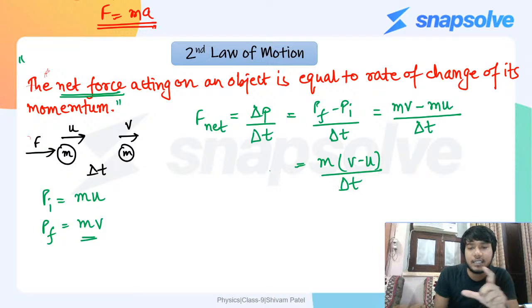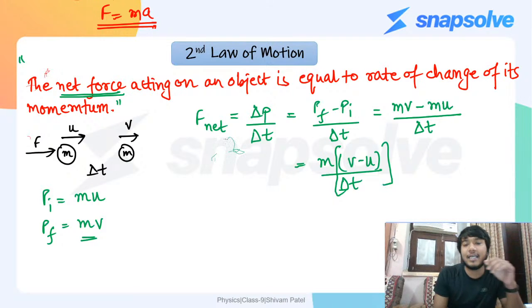Now tell me, what is this thing in the bracket? V minus u by delta t. This thing is acceleration of the body, isn't it? What is the formula for acceleration? Acceleration was defined as rate of change of velocity per unit time. So in this case, v minus u by delta t can be written as mass, this thing m as such, and this thing is equal to a.